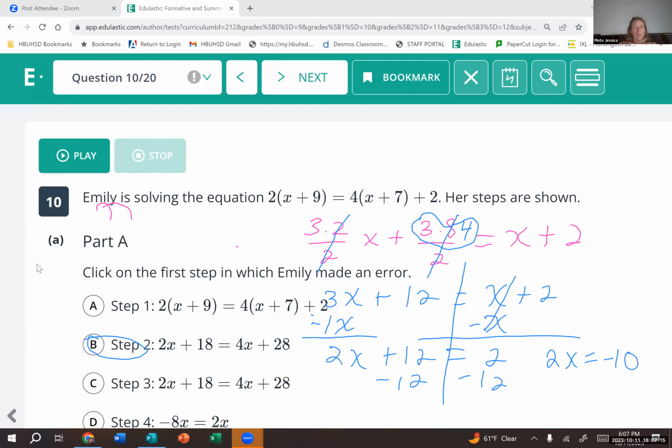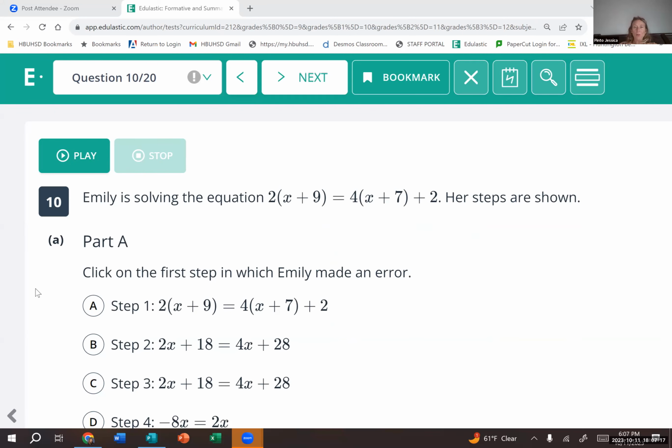Okay, Emily's solving a problem. So again, whenever we see something like this, we want to do it ourselves. So let's get started. And that's going to be 2x plus 18 is equal to, distributing here, 4x plus 28, and then plus 2.